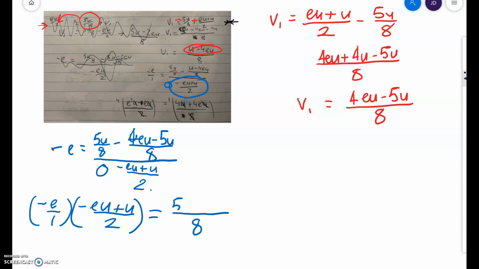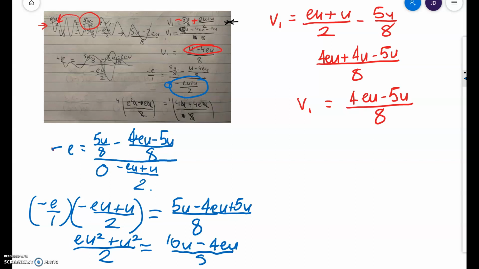So you get 5u minus 4EU. And minus by minus is going to give us plus 5u. And here that minus and that minus will make a plus. So what you get is EU squared plus u squared all over 2 equals 10u minus 4EU all over 8.